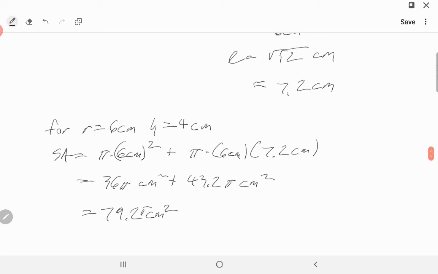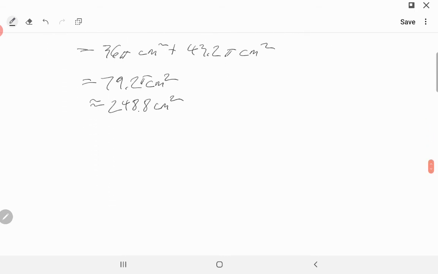And again, we'll turn that into a number. So that's approximately 248.8 square centimeters.